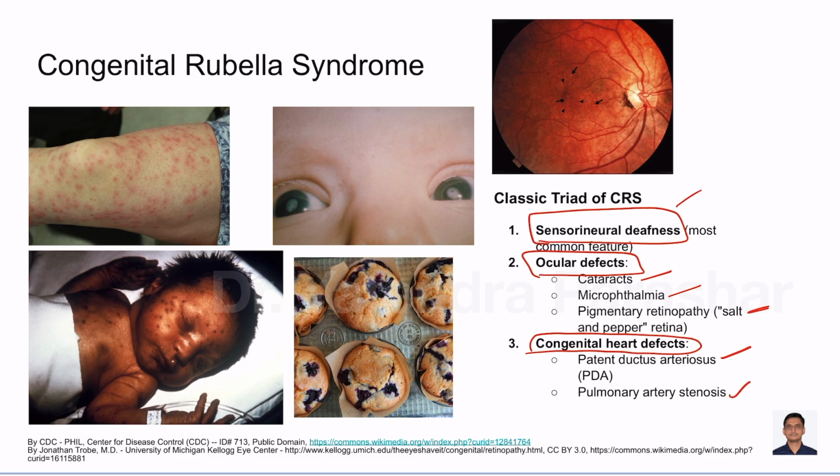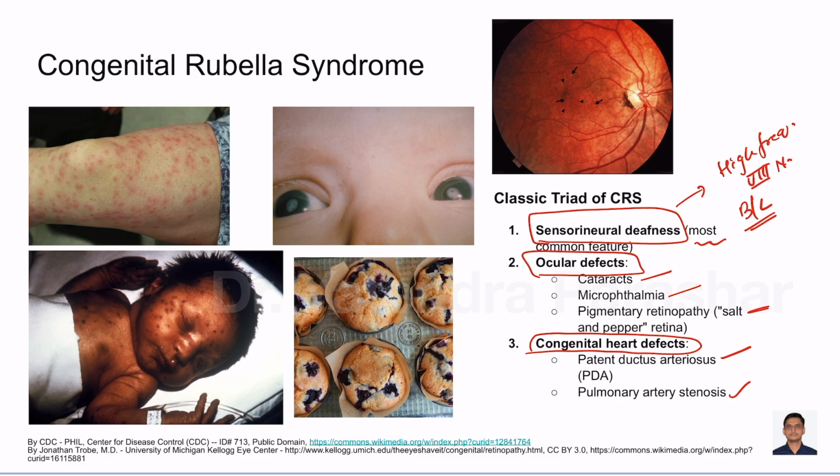Sensorineural hearing loss is mainly for high frequencies due to damage of the eighth cranial nerve, and it is usually bilateral and the most common feature.